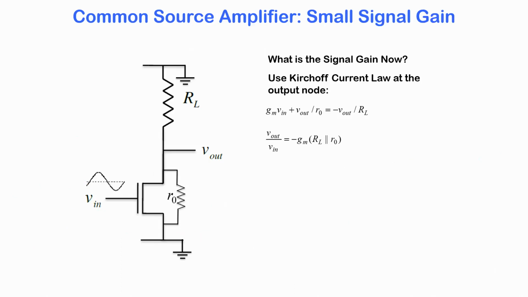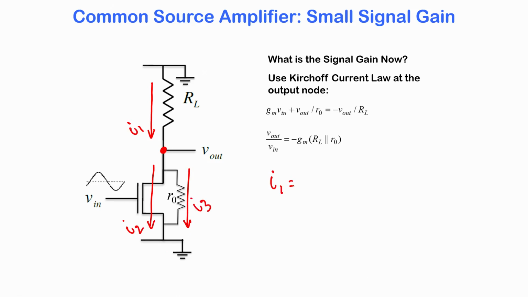So now let us redo the understanding of the gain. What is the small signal gain now? Now we will consider a non-ideal MOSFET. You see there is now a channel length modulation resistor. So what is the gain? We solve Kirchhoff's current law here. The current coming down this node is the current through this and the current through this. Let us call them I1, I2, I3.